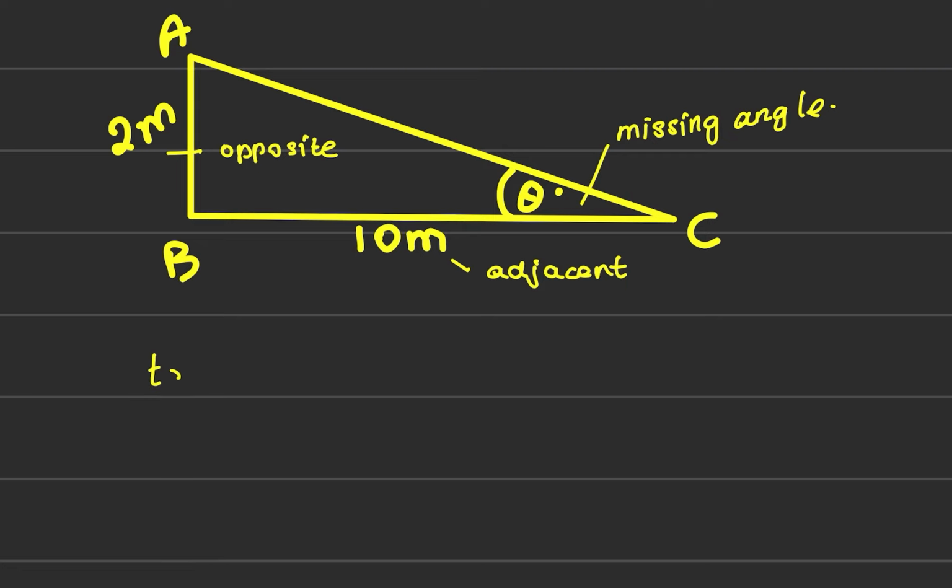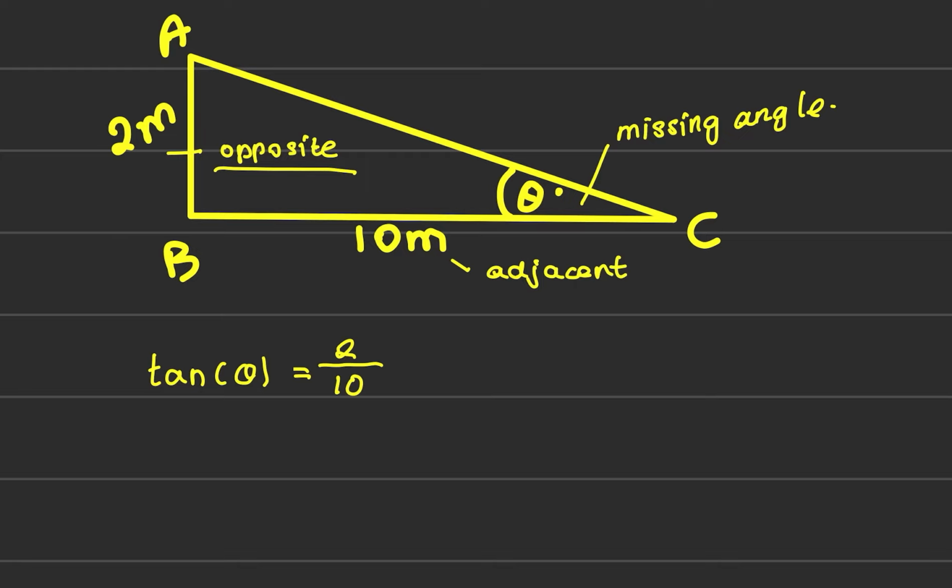So tan theta. As we know, theta is a representation that describes a certain angle. So tan theta equals, so make sure you follow this format for every function, tan theta equates to the opposite 2 upon adjacent 10.